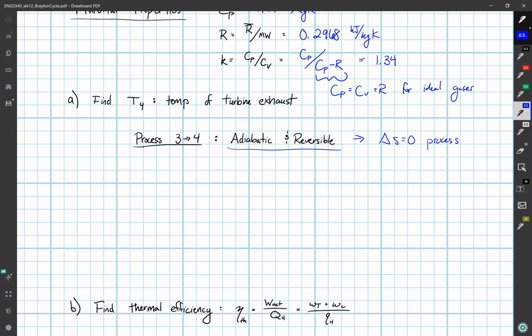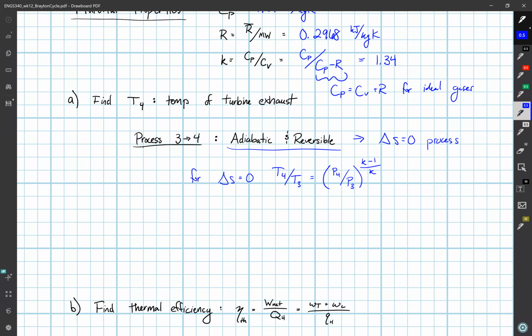So for a delta S equals 0 process, we have relations between the temperatures and the pressures that were derived from looking at what's happening to entropy over that process. So T4 over T3 equals P4 divided by P3 to the K minus 1 over K power.